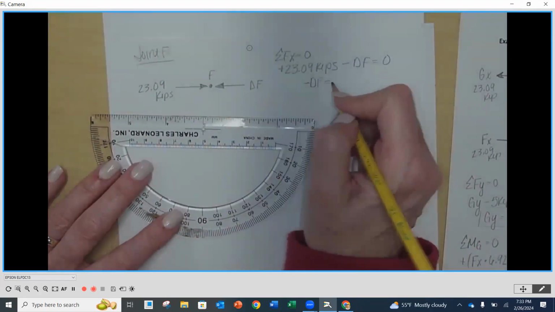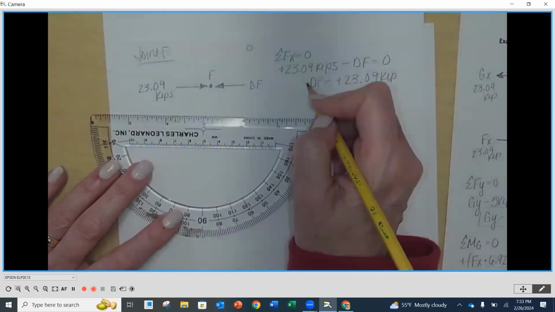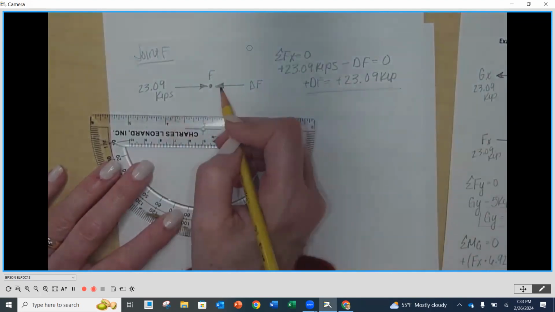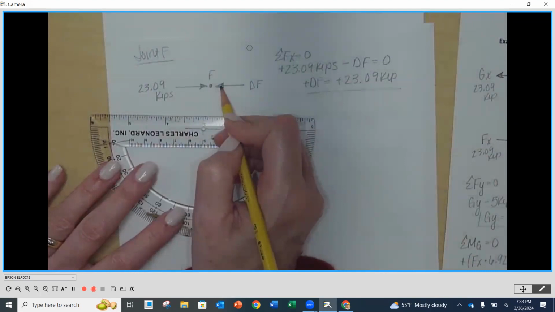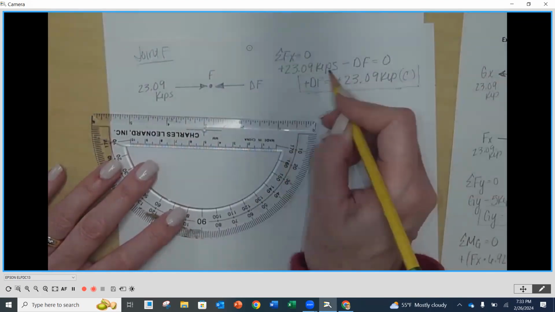DF is going to be equal to positive 23.09 kips, and it is going to be pushing on F. So it's in compression.